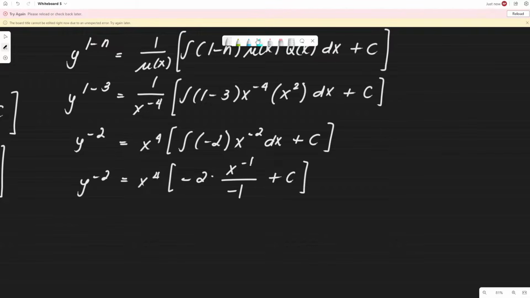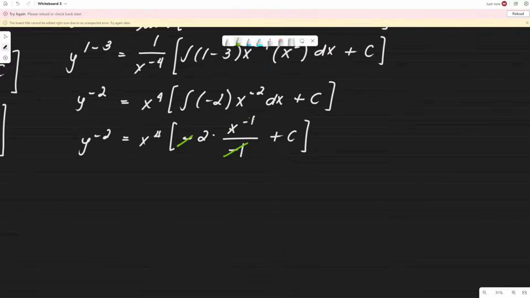Right? So, the negative signs cancel. Then, since this is negative, we can put it in the denominator to make it positive. So, we'll have 1 over y squared is equal to x raised to 4 times 2 over x plus c. Then let's distribute.